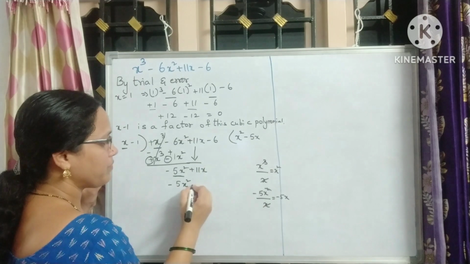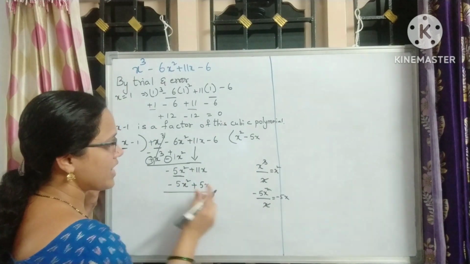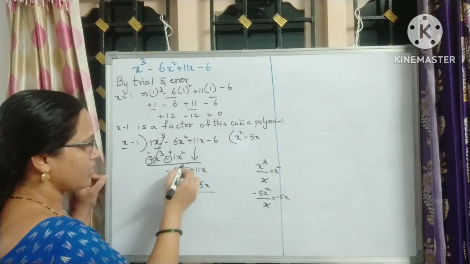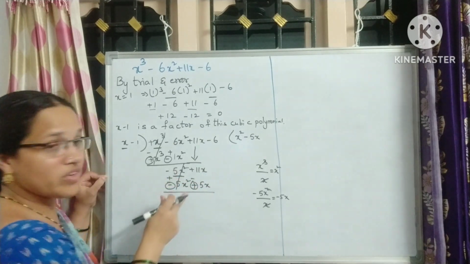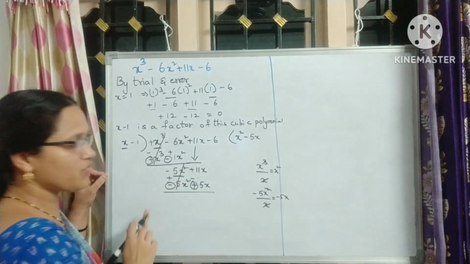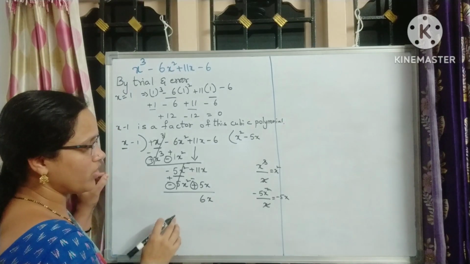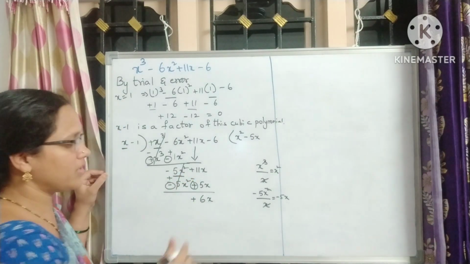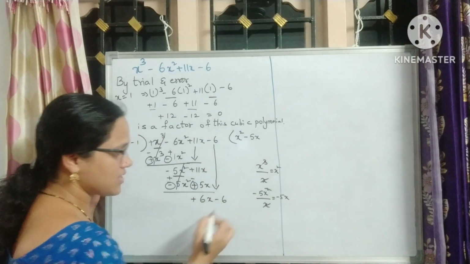Minus into minus, plus 5x into 1, so it becomes 5x. Now as this is a subtraction, I told you, change the signs and cancel it. Plus 11x minus 5x: two different signs, so you need to subtract. 11 minus 5 is 6, so 6x, and the greater number has the plus symbol, so you write the plus symbol there. Now drop down the other number, which is minus 6.